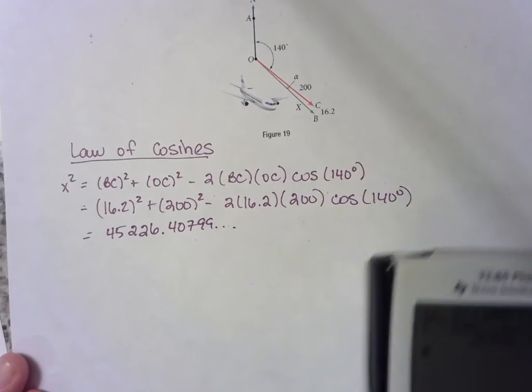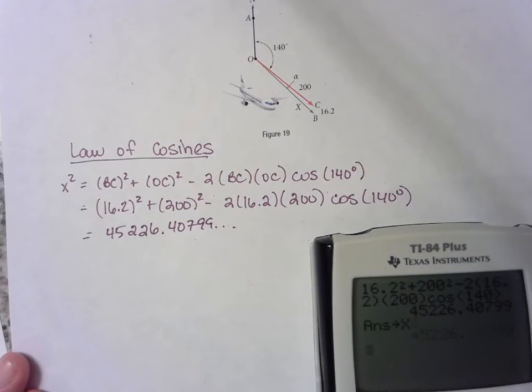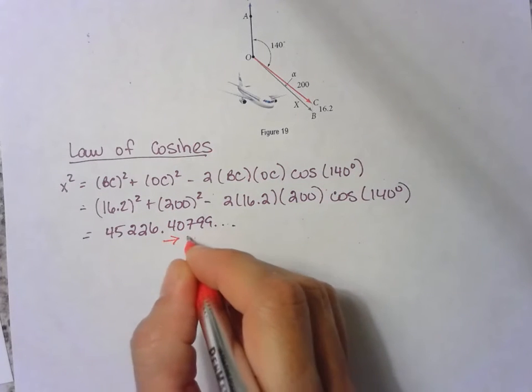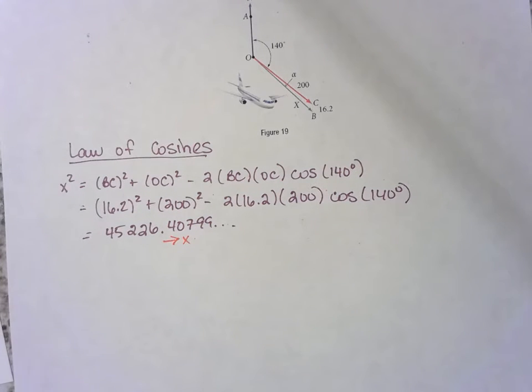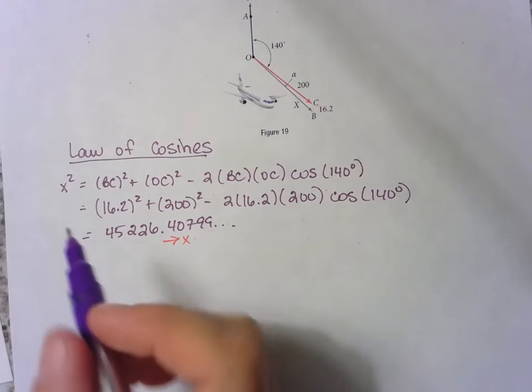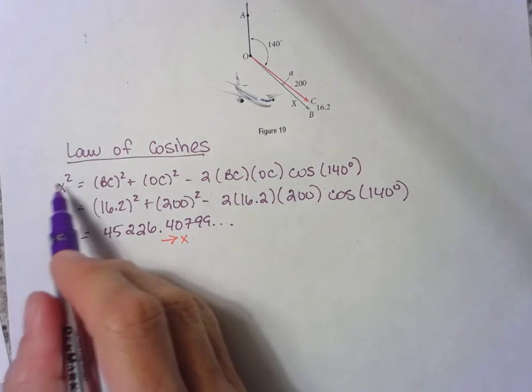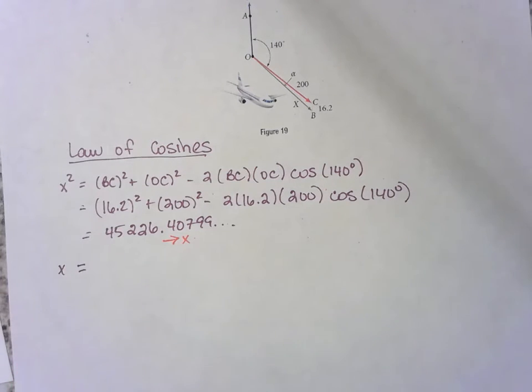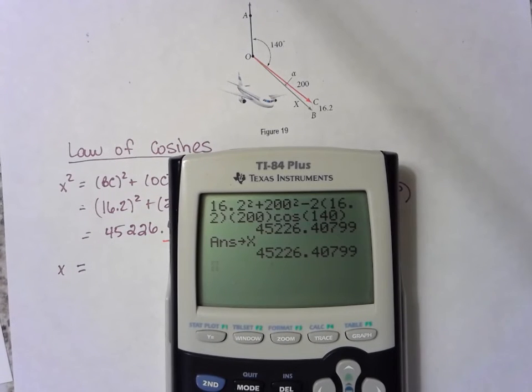Okay, well, I'm going to store that. I'll make a little note here that says store in x. You don't really have to do that, but how do you solve for x? We take the square root of this number, right? So x is approximately equal to the square root of that number, which is 212.7.